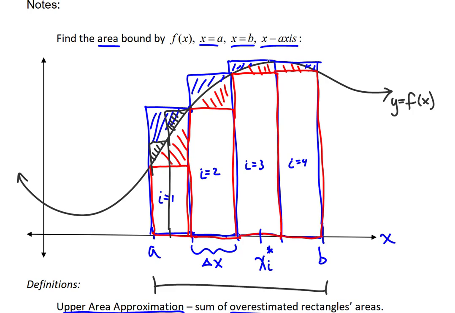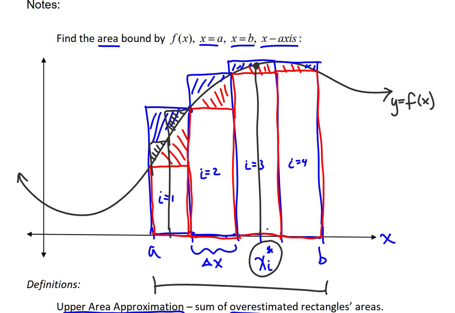So in the estimates, we were using either the right side or the left side of each rectangle, as we just discussed. In some cases, the right side was the overestimate, and in some cases, it was the underestimate. It just depended on the rectangle and what the curve was doing there. But the function value at x sub i star is going to end up being what we use for the height of a rectangle.